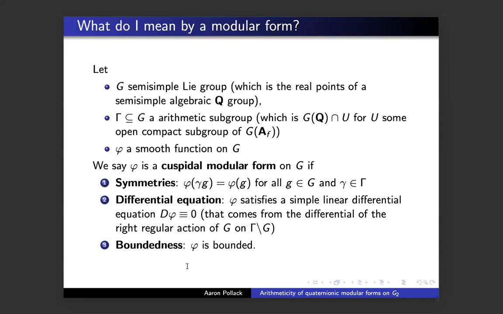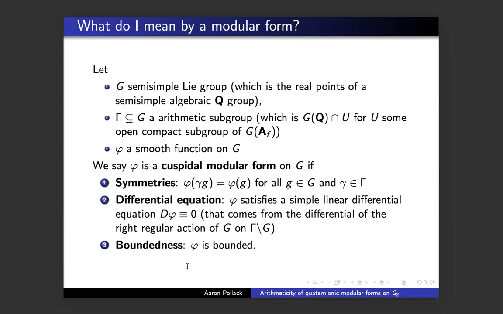I'm not going to be precise in this talk; at no place in this talk will I be precise about what exact differential equation I want to require. But the differential operator D will come from the right regular action of G on G mod gamma. So G acts on the right of G mod gamma, I can differentiate that to get a Lie algebra representation of the Lie algebra of G on smooth functions on G mod gamma. And when I say that I've got a differential equation, it's coming from that Lie algebra action. But in any case, I just have some first order simple linear differential equation.